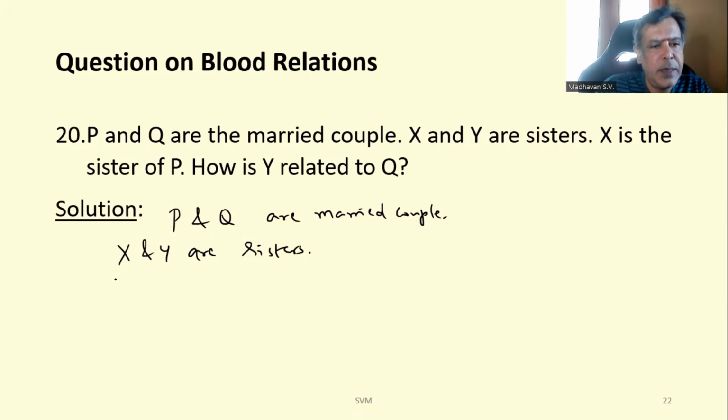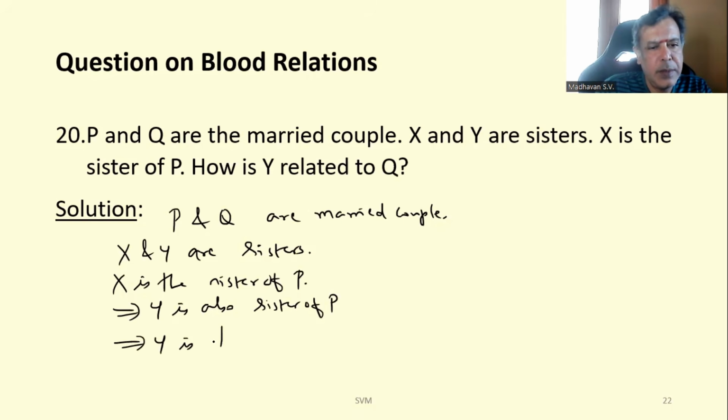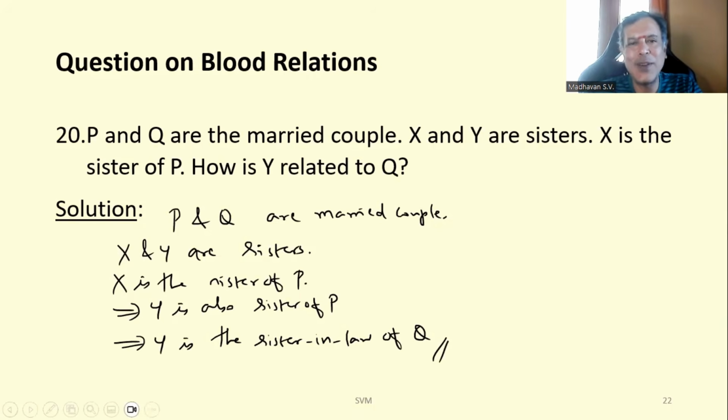And then they say X is the sister of P, which means Y is also the sister of P. Which means Y is the sister-in-law of Q. So that is the solution for this particular problem.